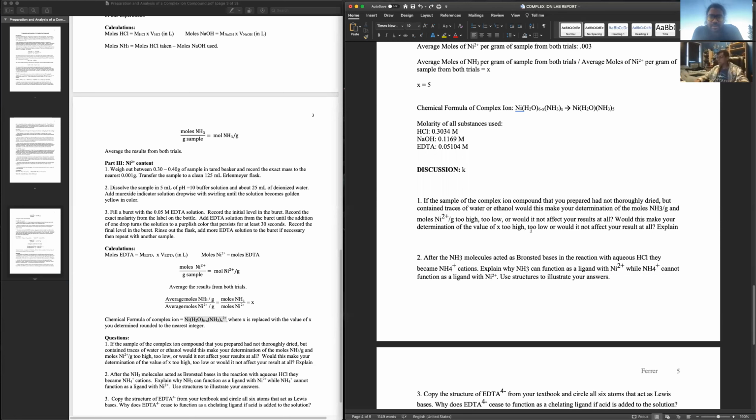Would this make your determination of X too high, too low, or not affect it? Okay, so let's say that there's going to be some extra water, right? And since nickel is complexed to the water, you're going to have an excess amount of that. Yeah. And so, okay, let me think about how it's going to actually affect things.